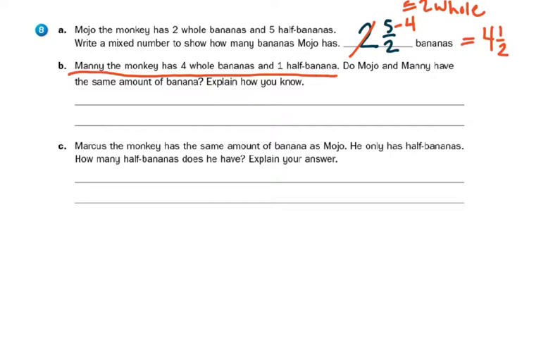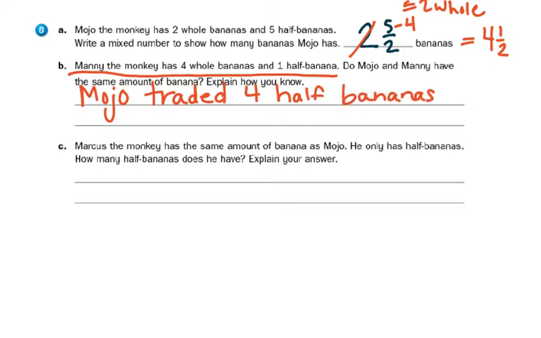Look at what Manny has. So Mojo traded 4 half bananas for 2 whole bananas, which equaled 4 and a half.